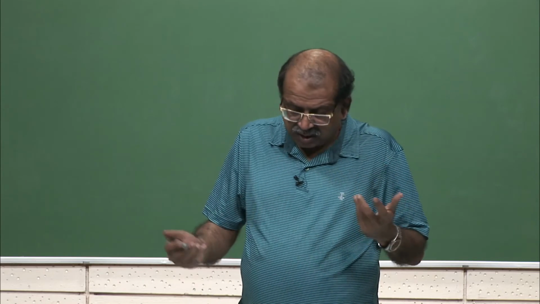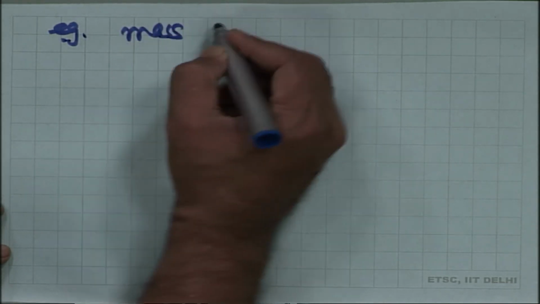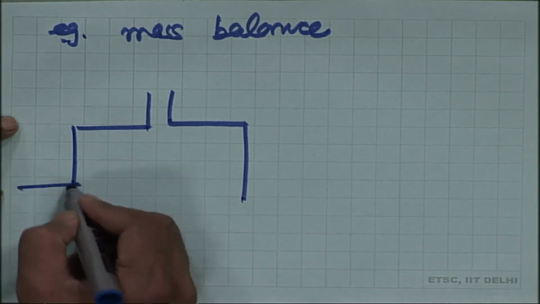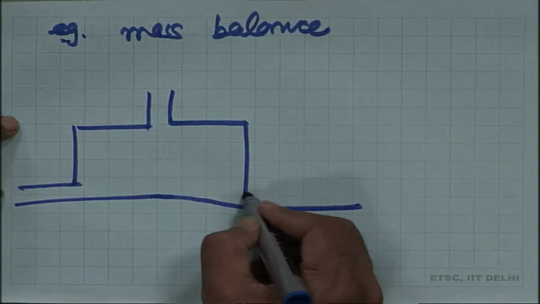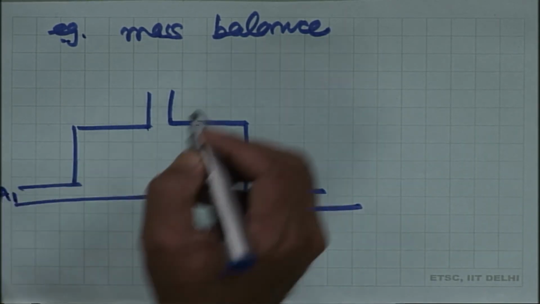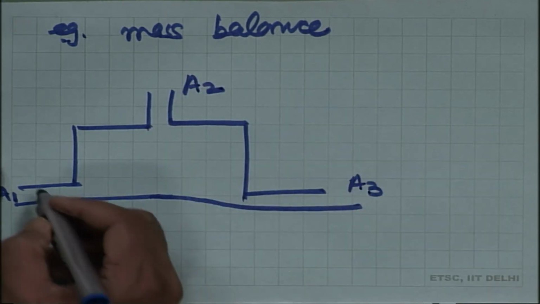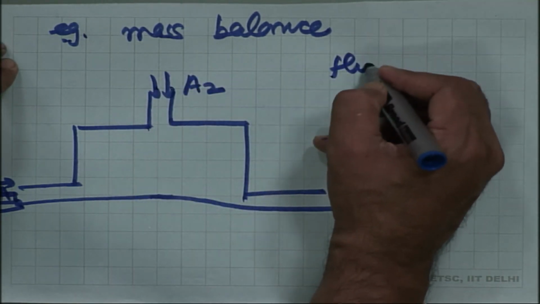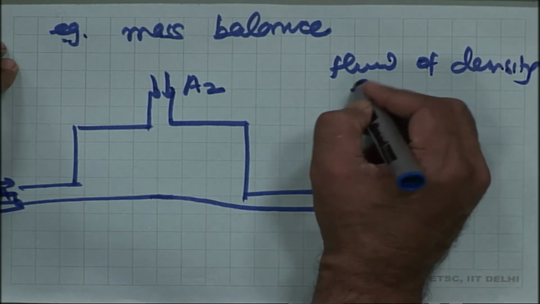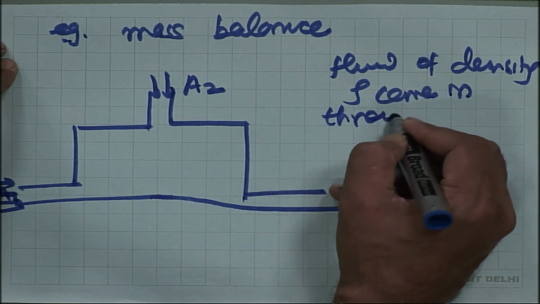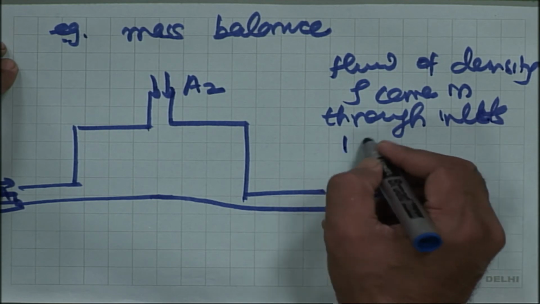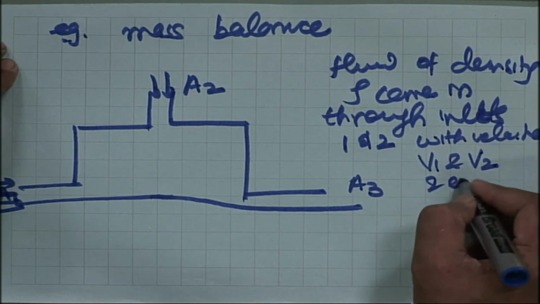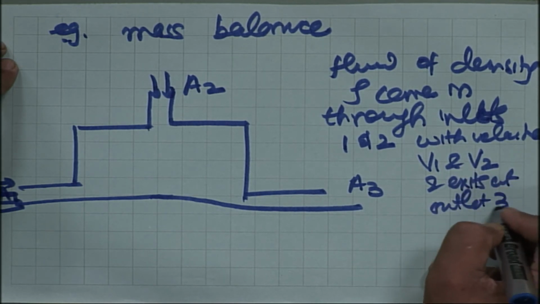Now, let us take an example of mass balance. Let us say there is a container in which there is fluid, with area A1, area A2, area A3, and fluid of density rho comes in through inlets 1 and 2 with velocities v1 and v2 and exits at outlet 3.